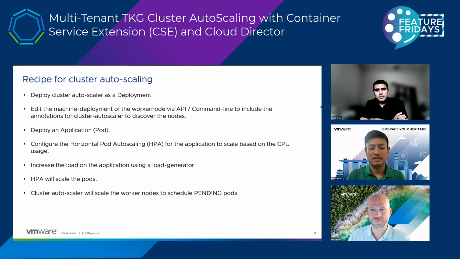Great point, Manish. Great point. The reason why I would say it's a great point is because both horizontal pod autoscaling and cluster autoscaler not only work on scaling up, but they do work on scaling down as well.